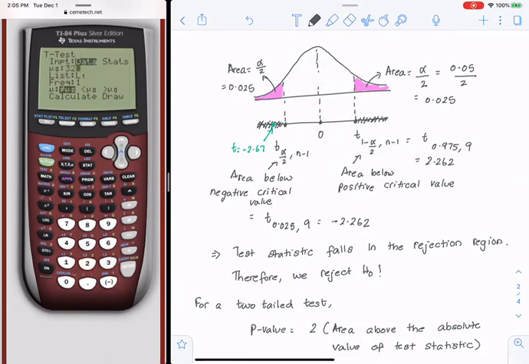So 32. The data is in list 1, so we could leave that as is. And of the 3 options that we have to select mu not equal to mu naught, because this is a two-tail test.